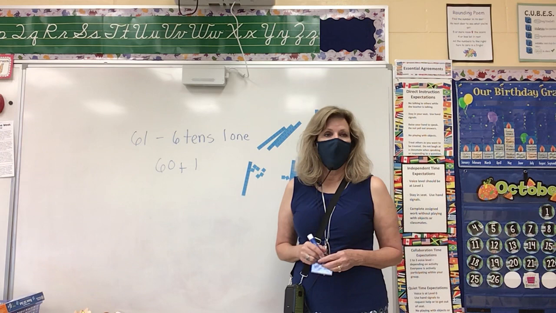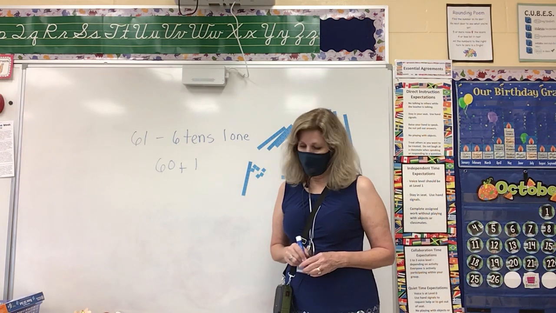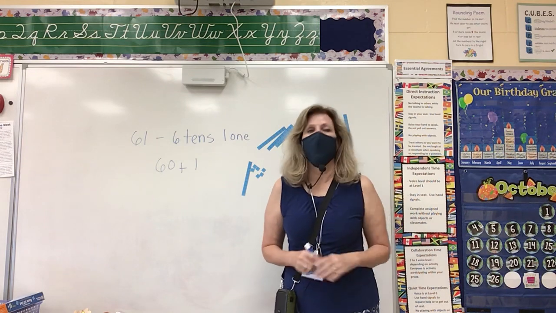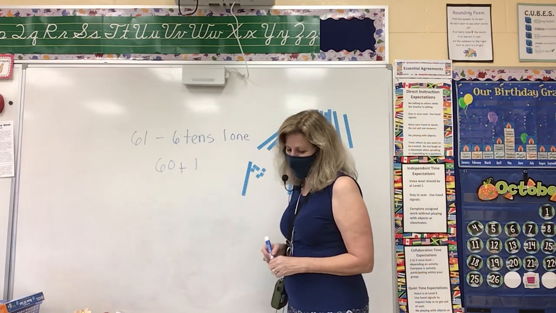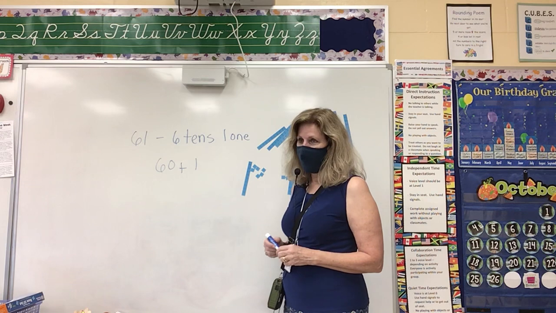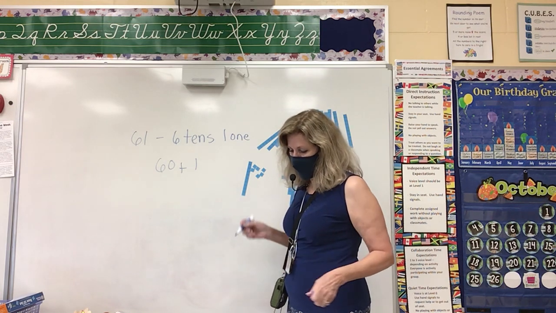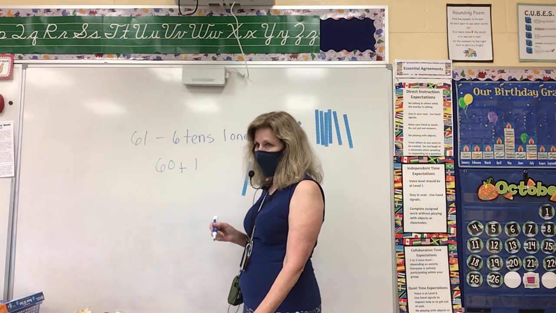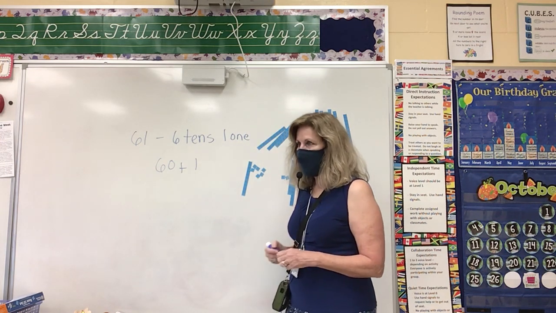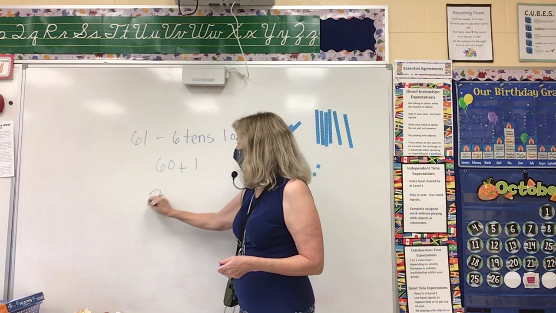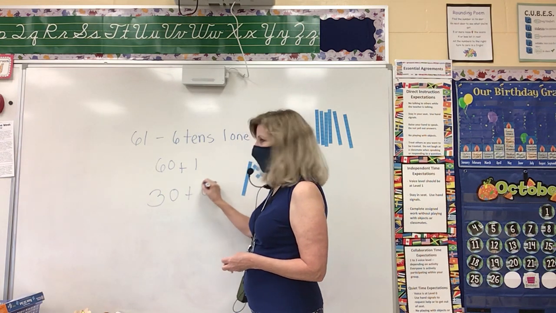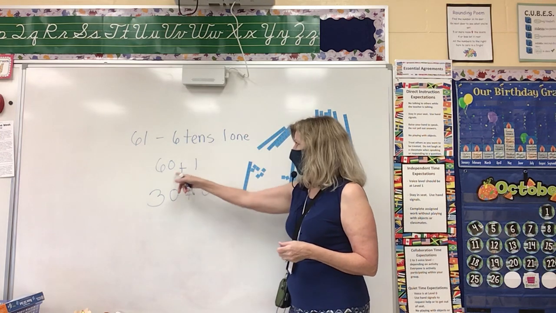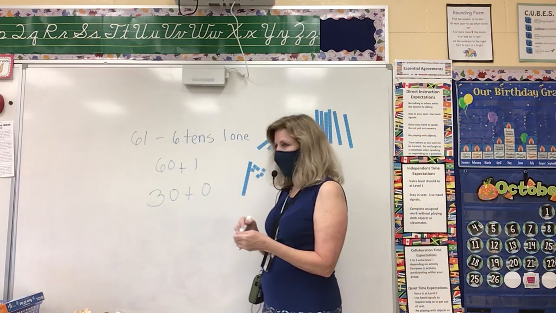Okay. Number 4, yes, Connor? It's 3 tens, 0 ones, and... Oh, you're doing the next problem. Yes. Oh, you're so fast. The expanded form is 30 plus 0. There you go. So for number 4, you have 3 tens, 0 ones, and your expanded form is 30 plus 0, because you don't have any ones in your ones column for 30.